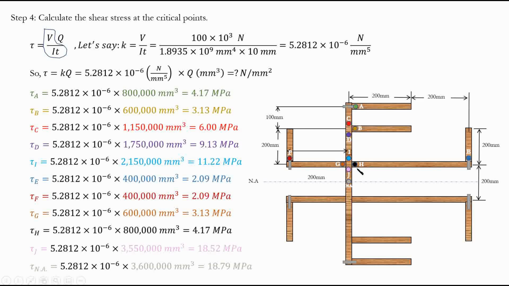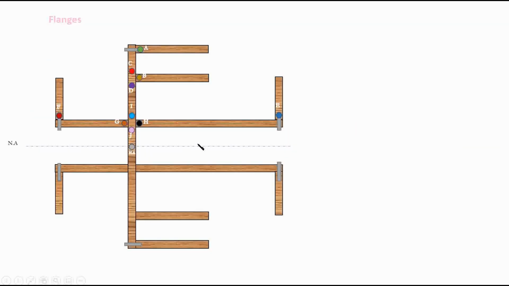Now we know all of our stress values at these critical points, so we are ready to calculate our shear stress distribution for the flange and the web. Let's start with the flange first. For point A, we calculated our stress value.